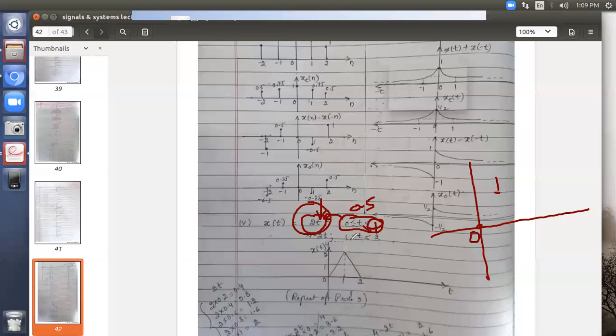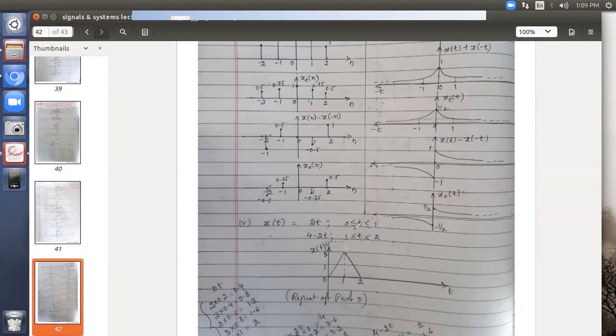Because there are two signals, two equations, 2t and 4 minus 2t. Suppose t equals 0.5, it looks like this. And if t equals 1, the equation applies to both this and this. With t equals 1, it is 4 minus 2.